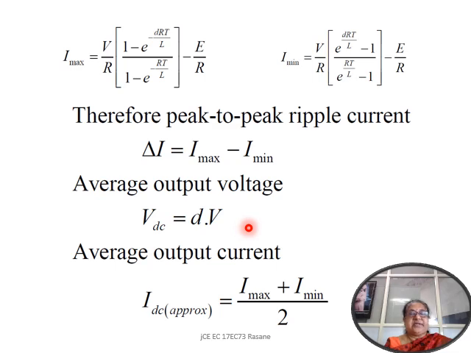Otherwise we refer to it as K into Vs. So it is duty cycle which is equal to T on upon T on plus T off into the supply voltage Vs. So that is how we get the average output voltage, and the average output current is basically approximated as the average of the maximum value of current and the minimum value of current, that is I max plus I minimum upon 2.